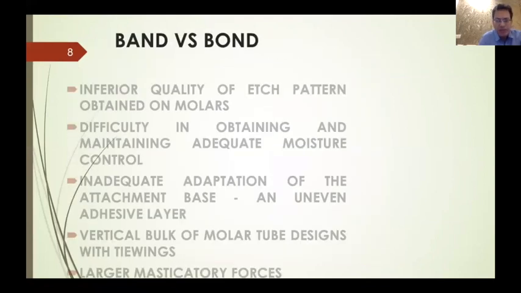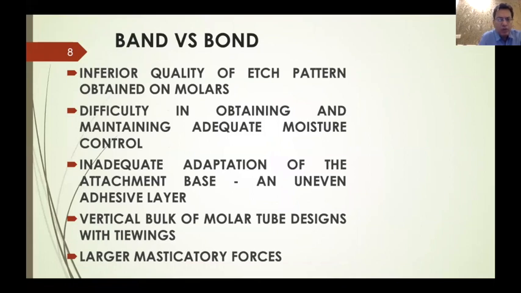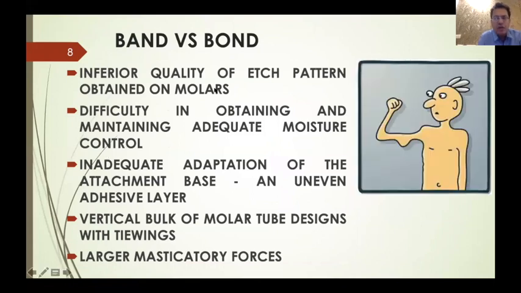Now, issues come up when we want to know whether molars should be banded or bonded. It is said that there is an inferior quality of the etch pattern on the molars. Also, there is difficulty in obtaining moisture control, difficulty in adapting the bracket base to the molar, the vertical bulk of the molar tube design on the tie wing is an issue, and also larger masticatory forces on the molar.